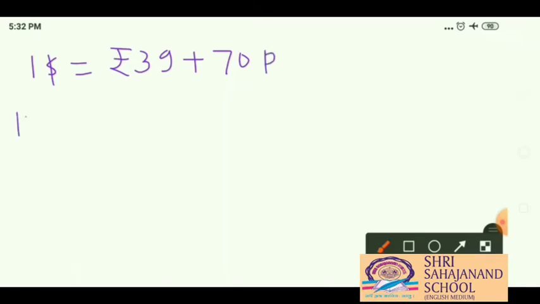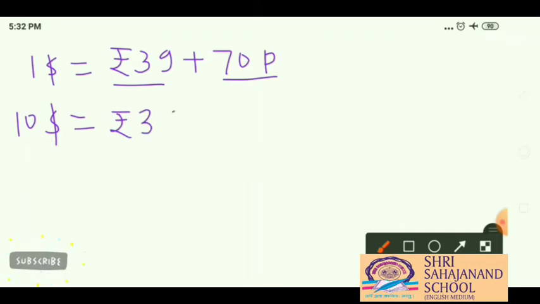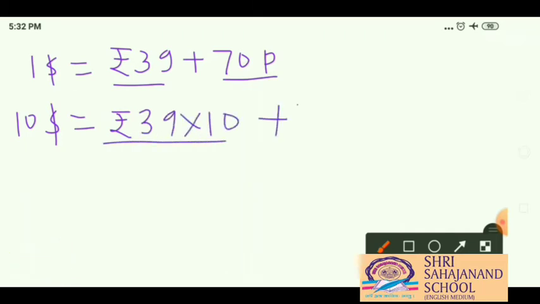Now for $10, we have to multiply 39 by 10, and also multiply 70 paise by 10. So 39 multiplied by 10 is 390 rupees.